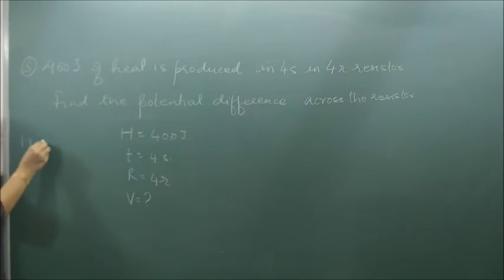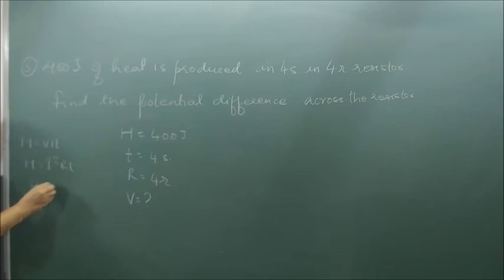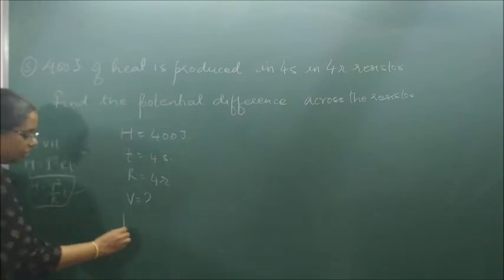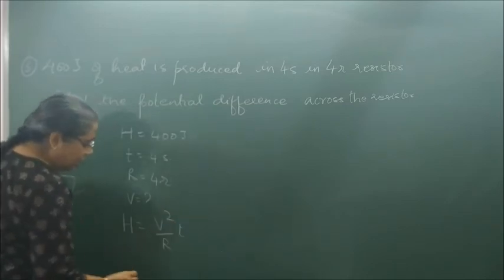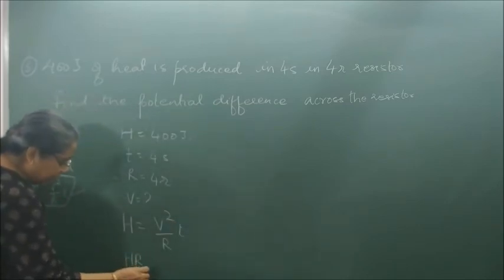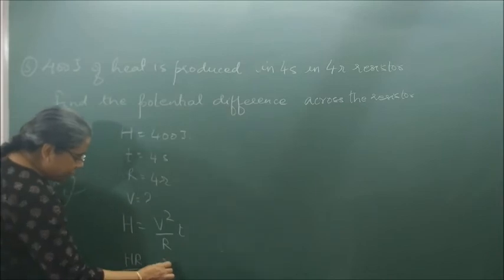H is equal to VIT. H is equal to I square RT. H is equal to V square by R into T. Which one to use? This one, isn't it? So we will use H is equal to V square by R into T. So HR by T is equal to V square.